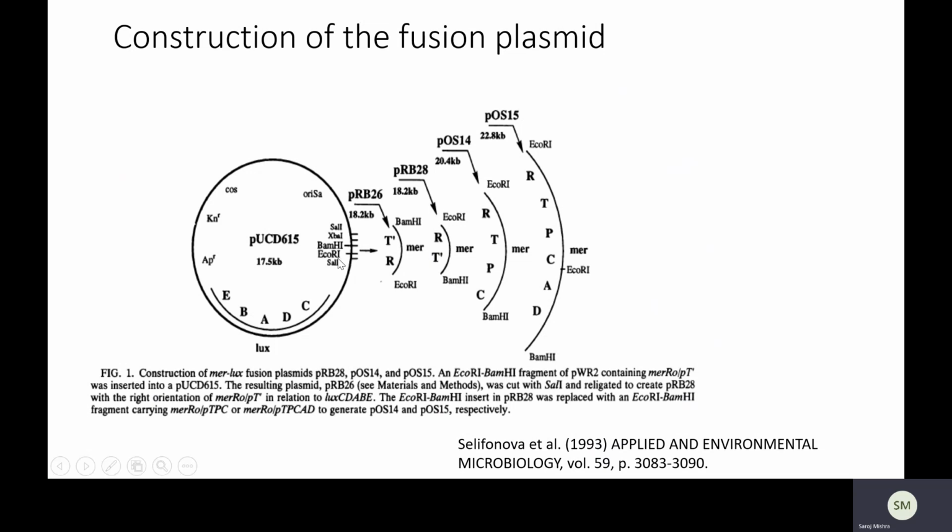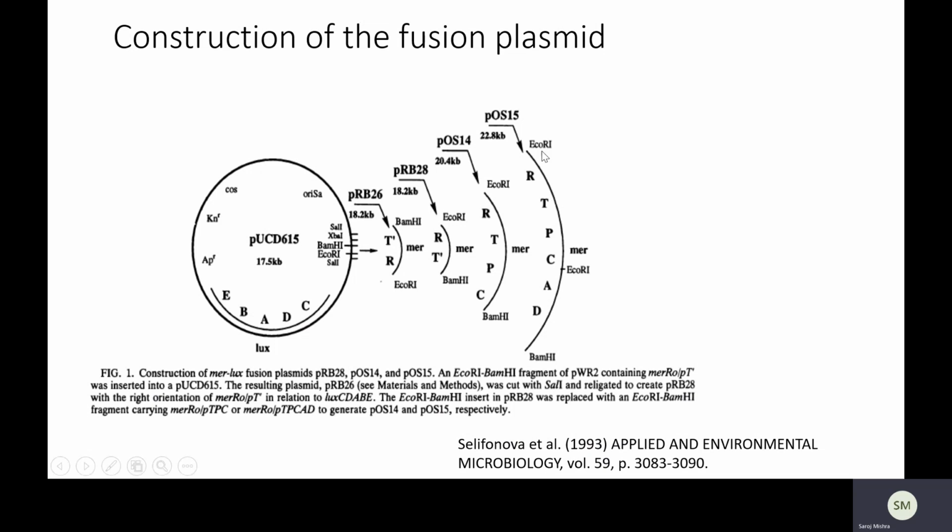Then between BAMH1 and EcoR1, what is cloned are not only the first gene which takes up, but the other genes which are a part of the mercuric operon. That means under this scenario, if you have all of these genes which you bring into this recombinant construct upstream of the Lux operon, since it has TP, it is able to transport mercuric ions inside the cell.